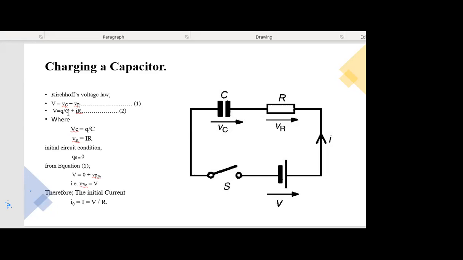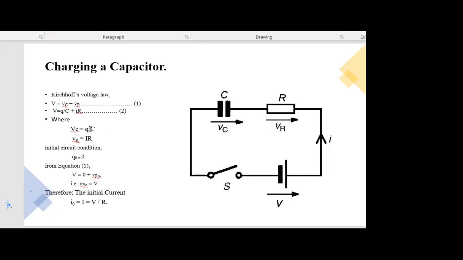And we know that capacitance C equals charge over voltage. So VC will be equal to charge over capacitance.